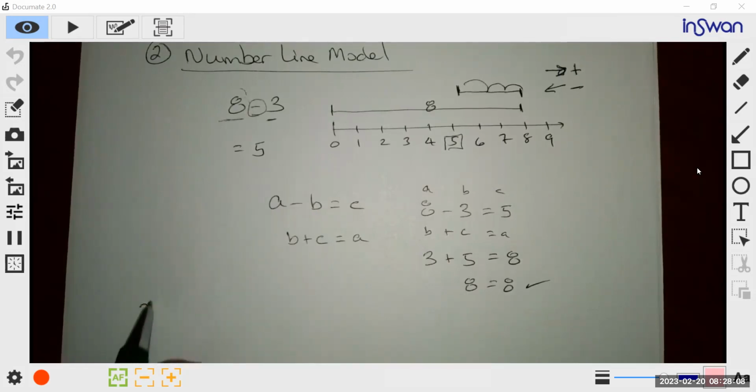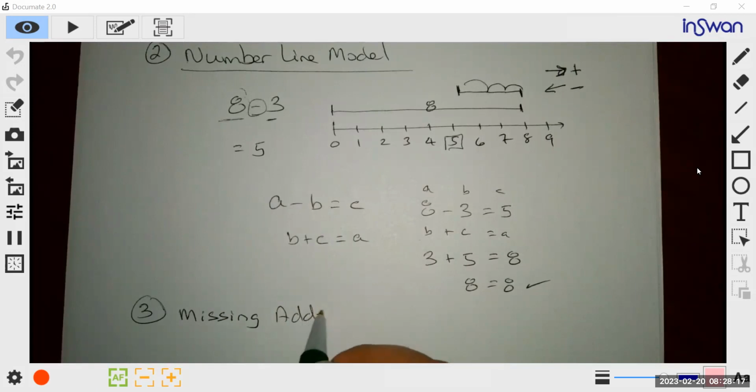The third method is called the missing addend model.